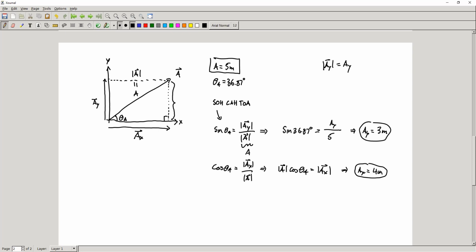So for example, let's say we had some vector A. This vector could be written in the following form. It could be some magnitude A at some angle theta A, right? So we have 5 meters pointing at 36.87 degrees. And now what we've done is we've found a way to translate this into a vector A that's written as the sum of 2 vectors.